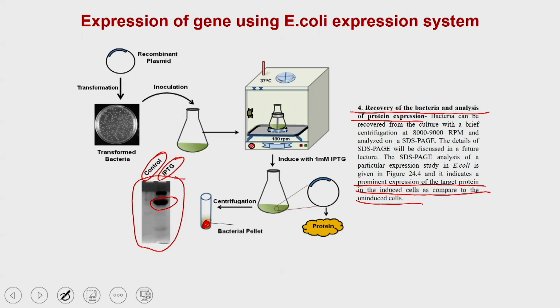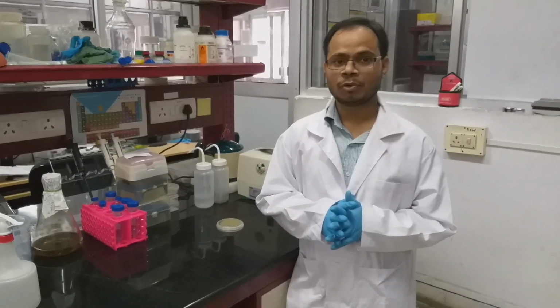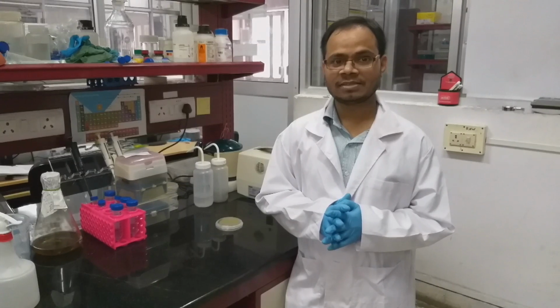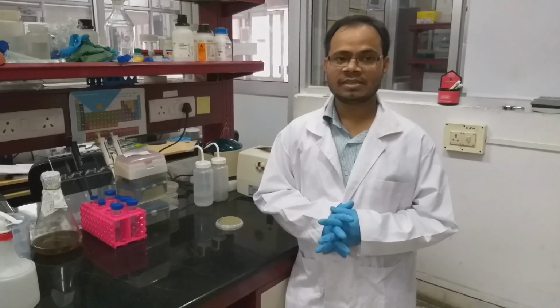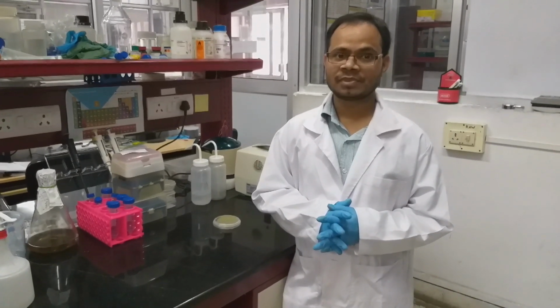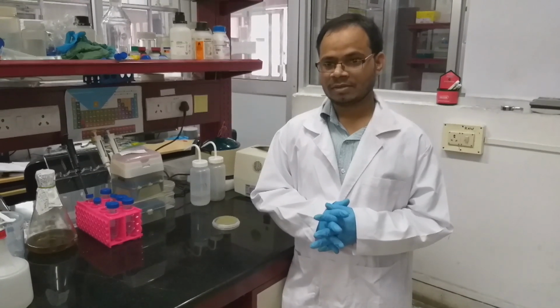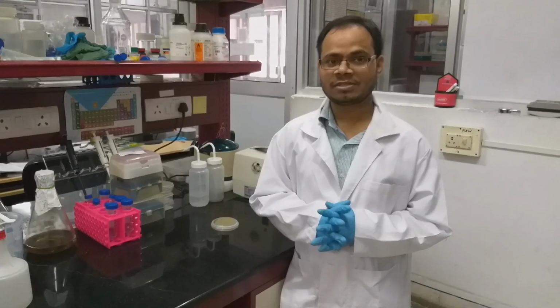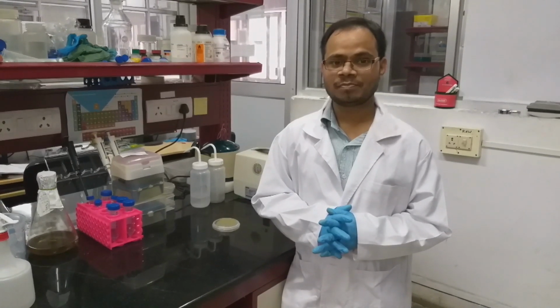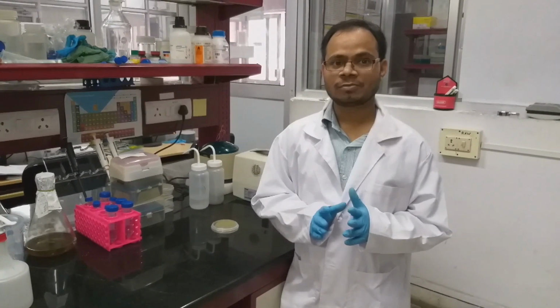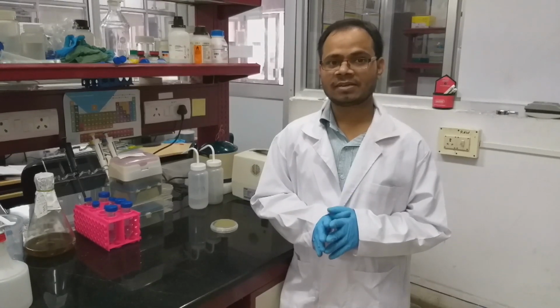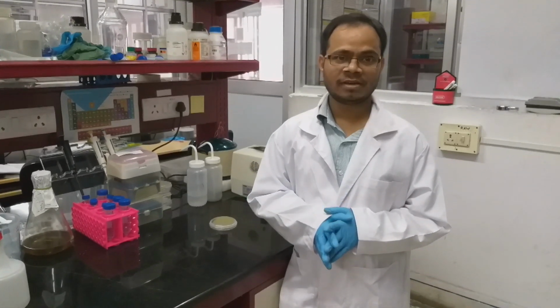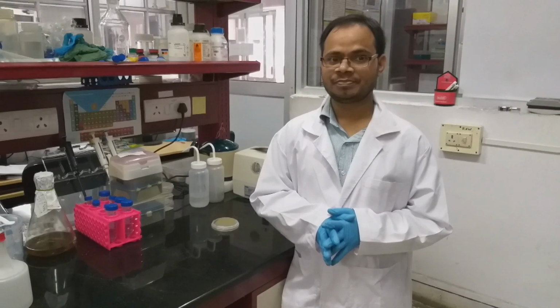In this video, we will show you how to induce protein expression in bacterial cells and how to analyze the induction. Before that, the gene of interest which we want to express in the bacterial expression system, we have to transform that construct into the BL21 DE3 strain.